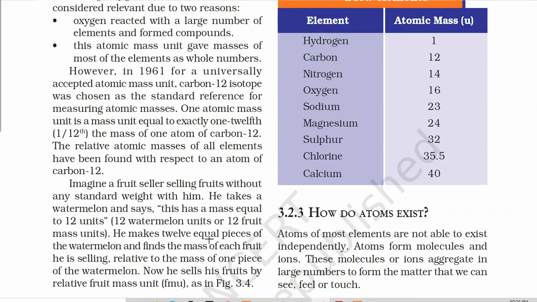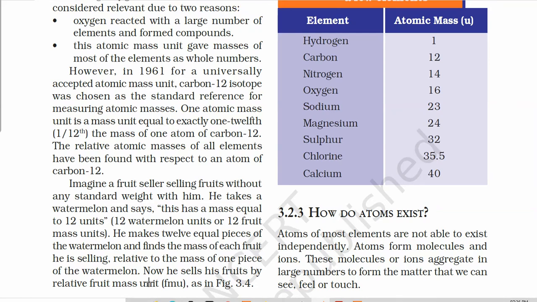He makes 12 equal pieces of the watermelon and finds the mass of each fruit he is selling relative to the mass of one piece of the watermelon. Now he sells his fruit by the relative fruit mass unit.